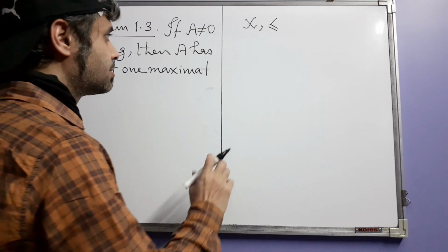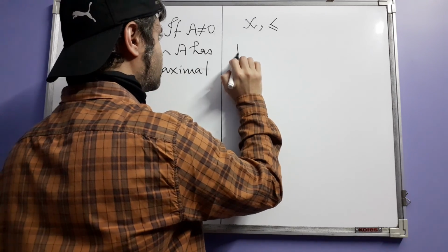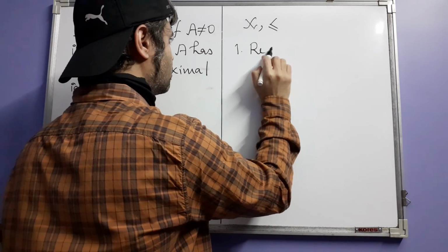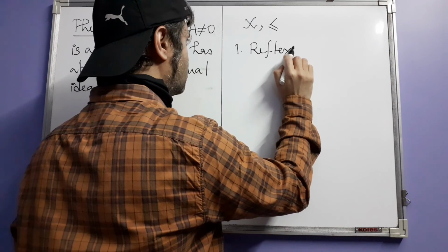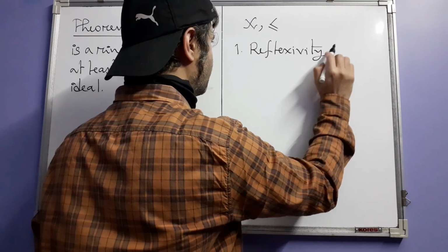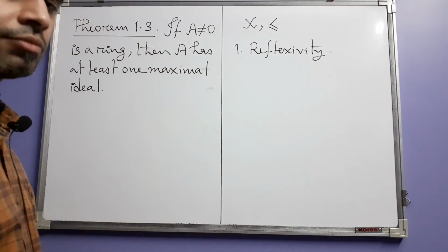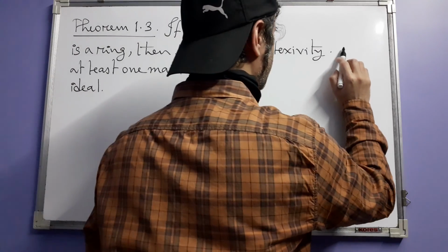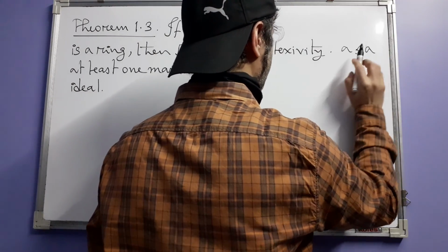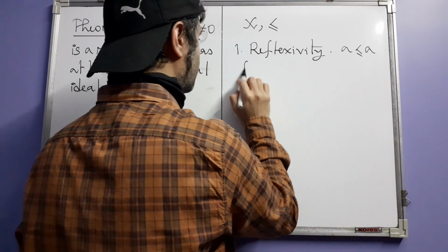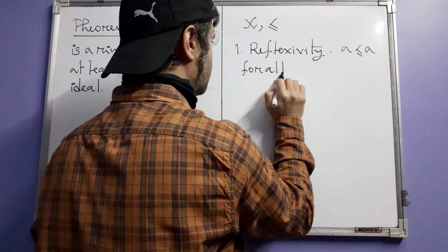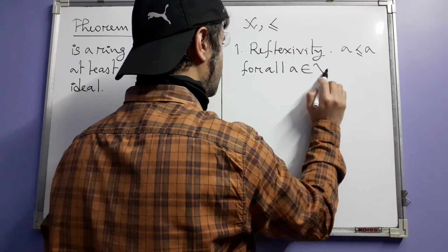Say it has these three properties. Number 1, reflexivity. You already know what reflexivity is. A should be related to A for all A in X.